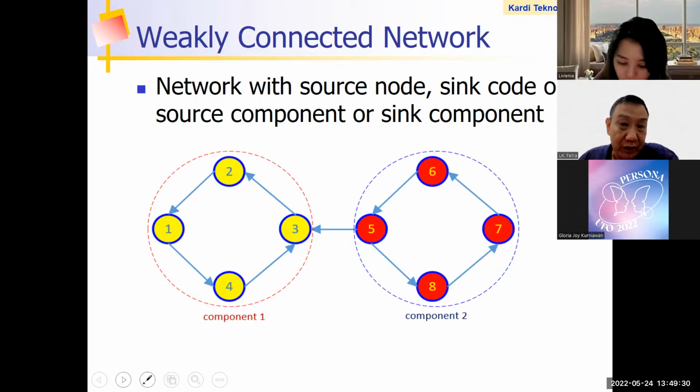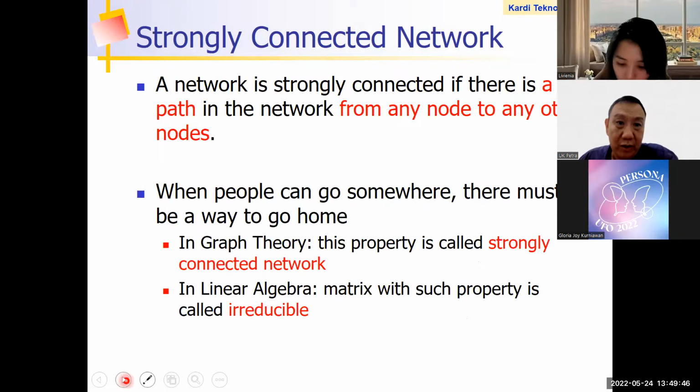So it's not just a sink node; it can be a source component or sink component also. A network with a source node, sink node, source component or sink component is weakly connected, or unconnected. Now, one of our interests is the strongly connected network. What is that?